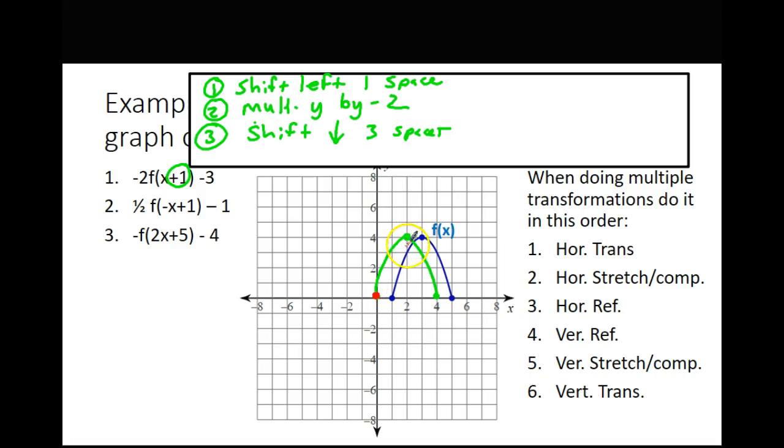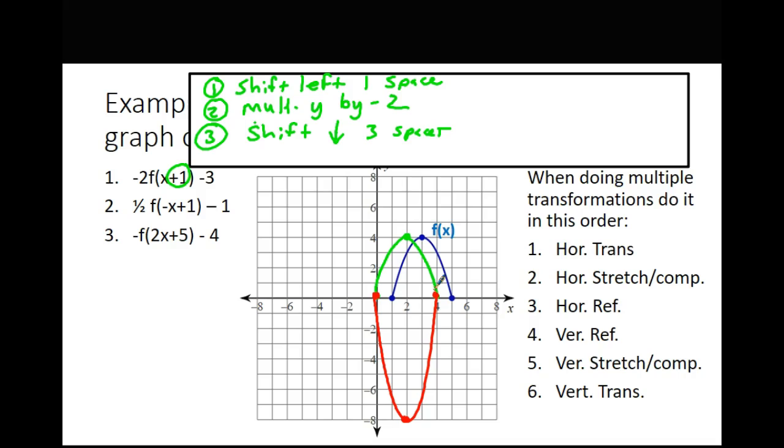So I'm going to take this point and drop it down to -8. What about this one? Stays the same. So now it's been shifted left and stretched and flipped.